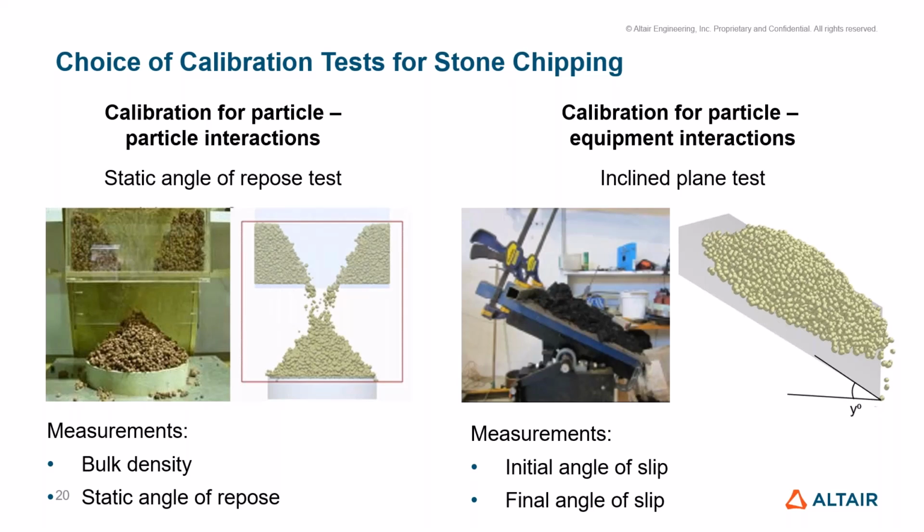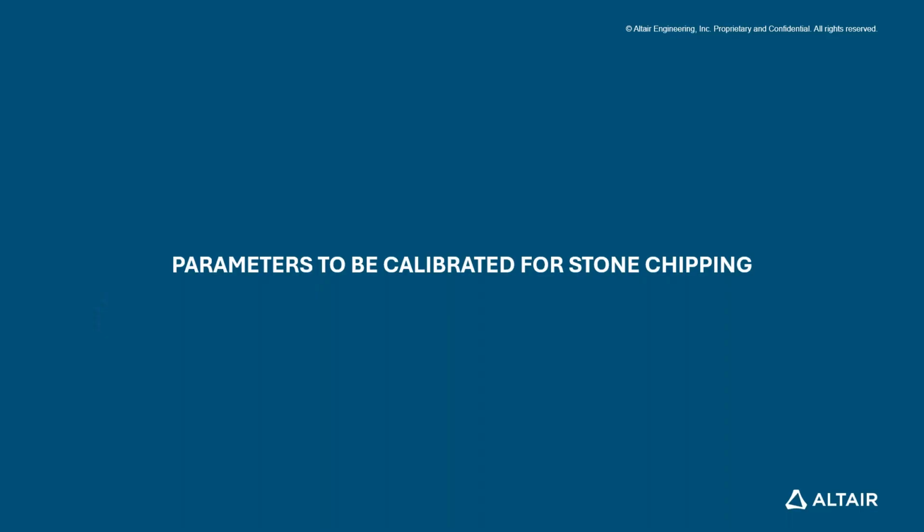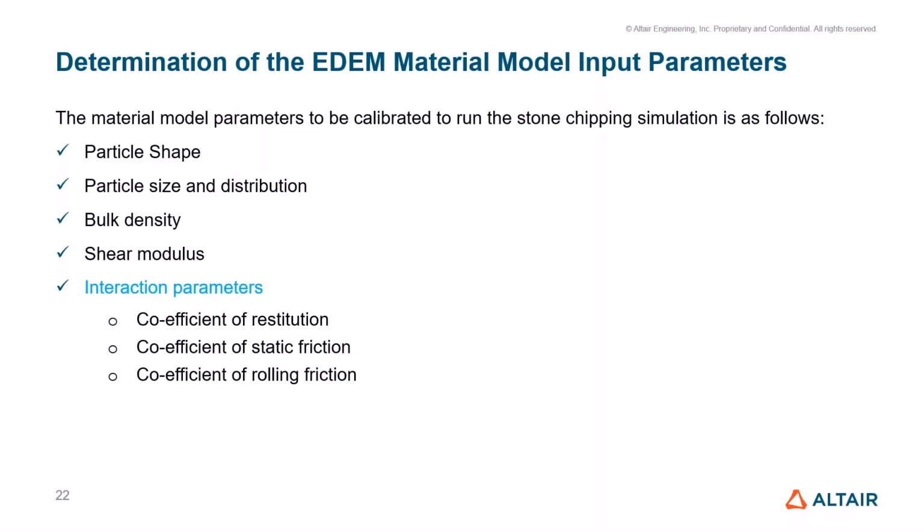So for the stone chipping application, to understand the particle-to-particle characterization, the angle of repose test is recommended, and to understand particle to non-tire, for example metal, interactions, the inclined plane test is the recommended one. So what parameters in general do we need to calibrate?